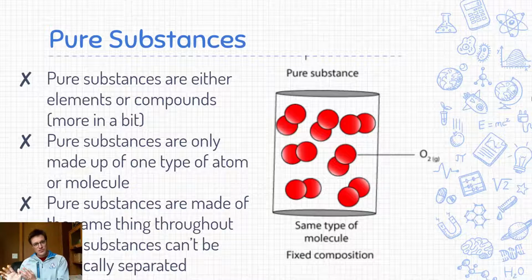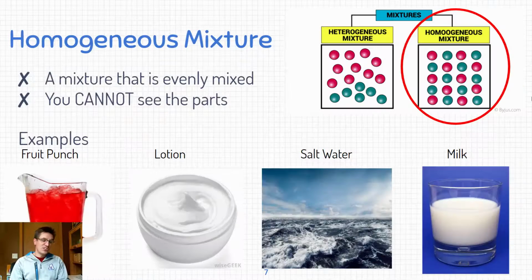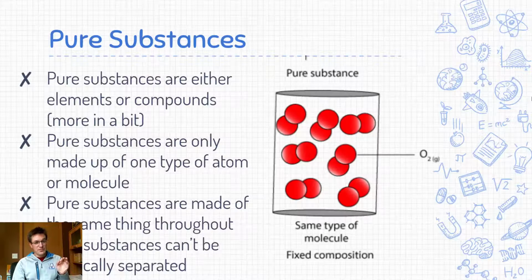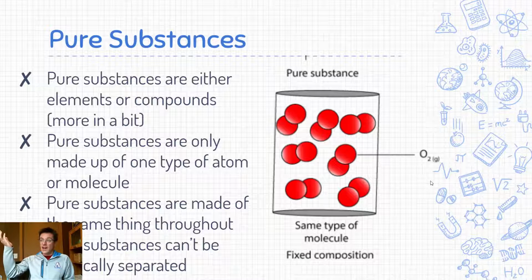Now a pure substance, I'm switching away from mixtures. Okay, a pure substance and a homogeneous mixture, they look kind of the same. But the difference here is that with a pure substance, it not only looks like one thing, it actually is just one thing. It's not a mixture. It's one substance. An example in our picture is here O2 gas. That's the formula for oxygen.